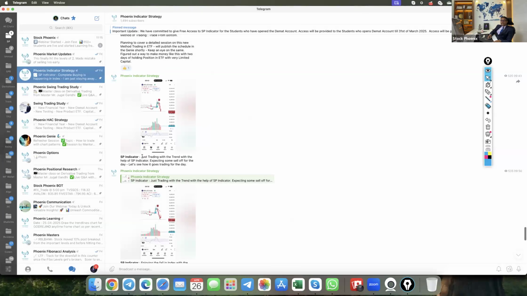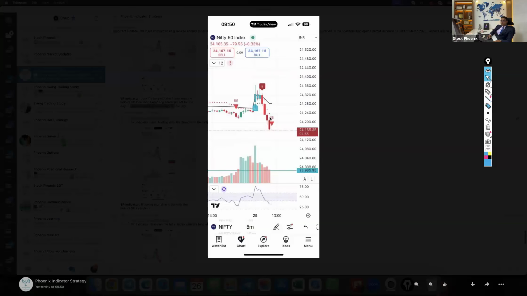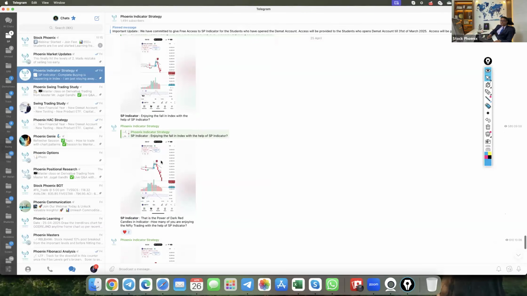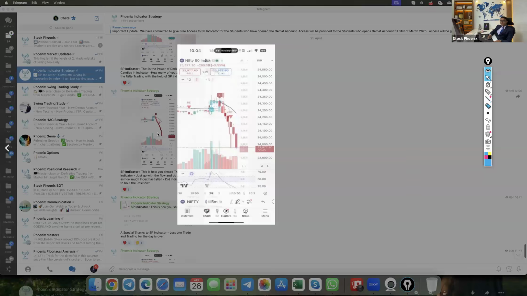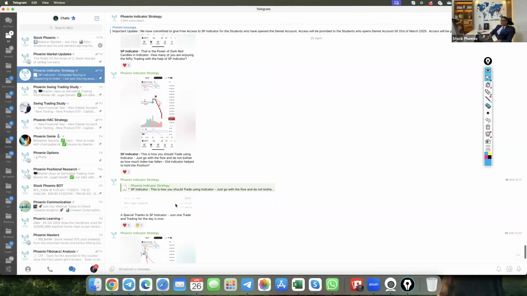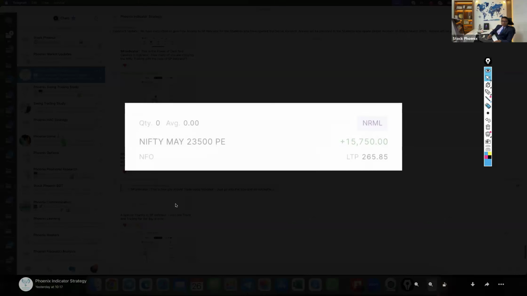I told, indicator with the trend, expecting a sell-off in the market. Let's see how this goes for intraday. It is going down, re-entry signal, going down, black entry signal, going down. I booked around 15,000 rupees profit with just one lot of investment.